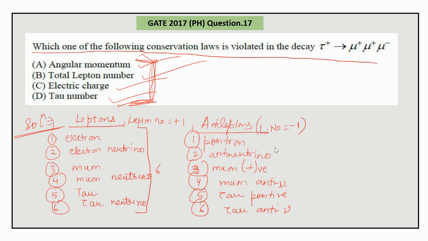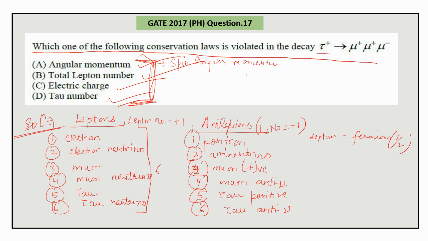Now, if you see in this question, leptons are fermions, right? Spin half particles. So angular momentum is not specifically defined in this. So I am taking it as spin angular momentum, because it is not mentioned.